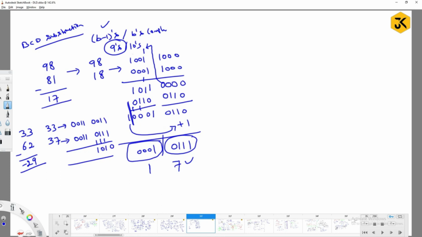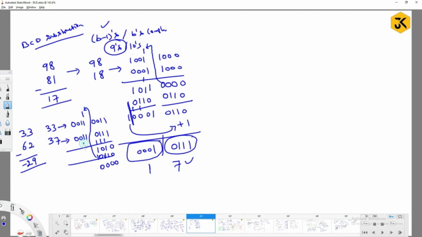Is it a valid one? No, it is invalid. When it is invalid, what you have to do? You have to add plus 6, 0110. So 1 will be moved to this particular location.